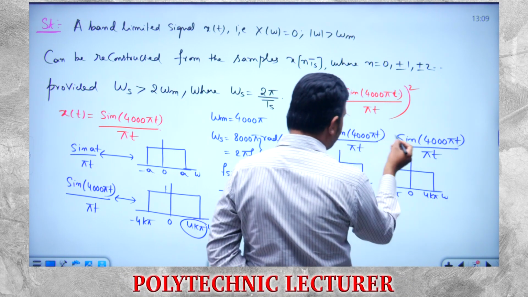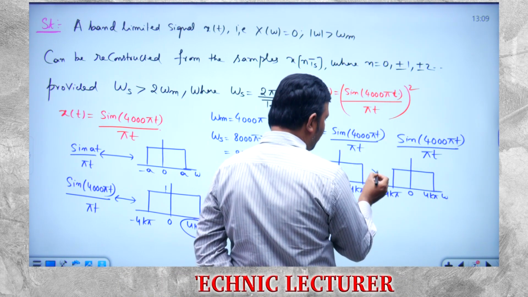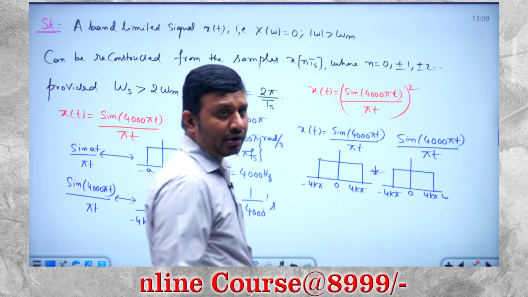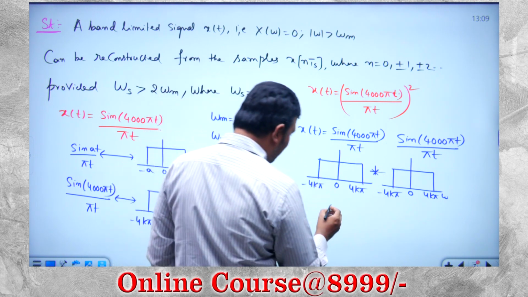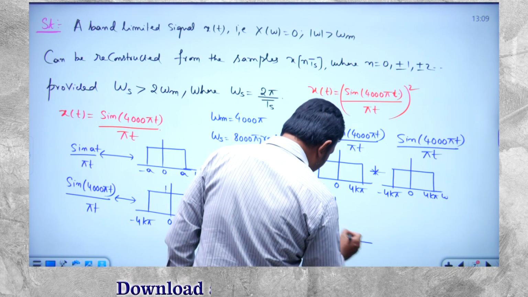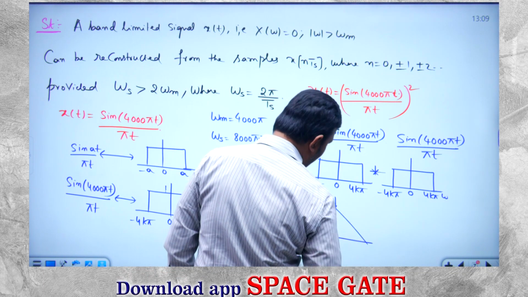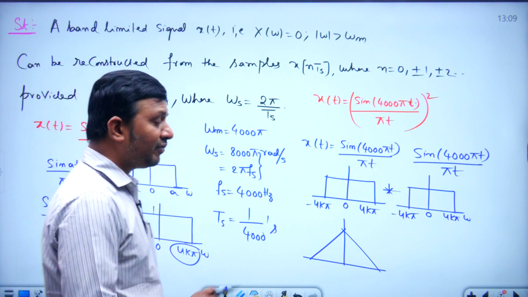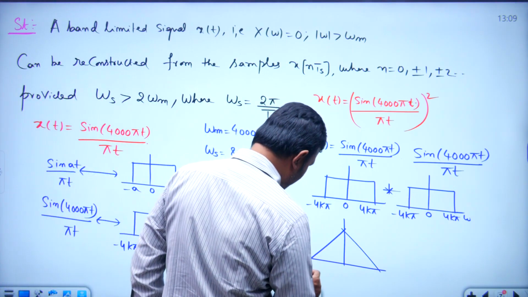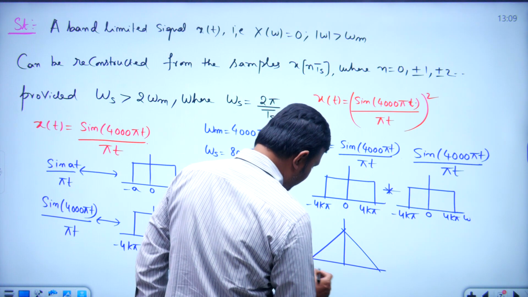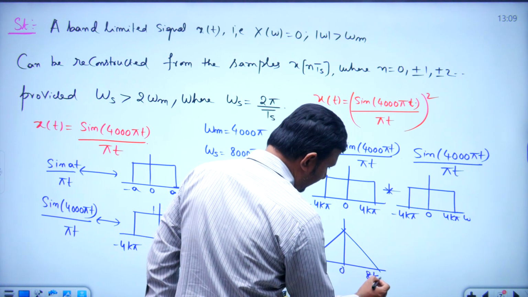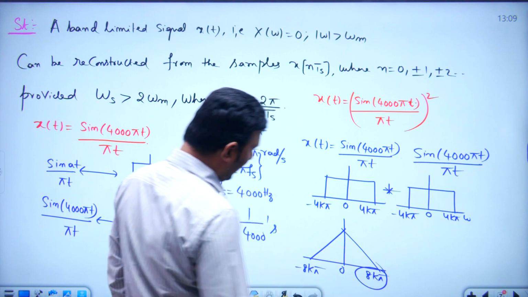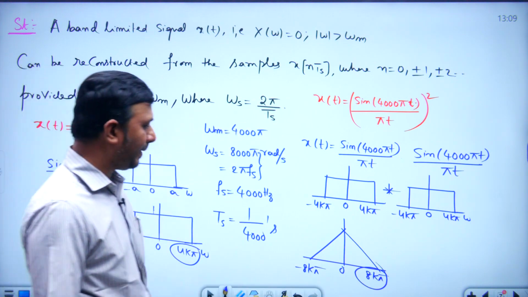If you observe, these two signals are multiplied in time domain. In frequency domain they will be convolved. What is the convolution of two rectangular pulses of equal widths? We get a triangular pulse. And we know that the range of output in convolution is from the sum of lower limits to the sum of upper limits, meaning minus 8000 pi to 8000 pi. So I got the highest frequency component 8000 pi.